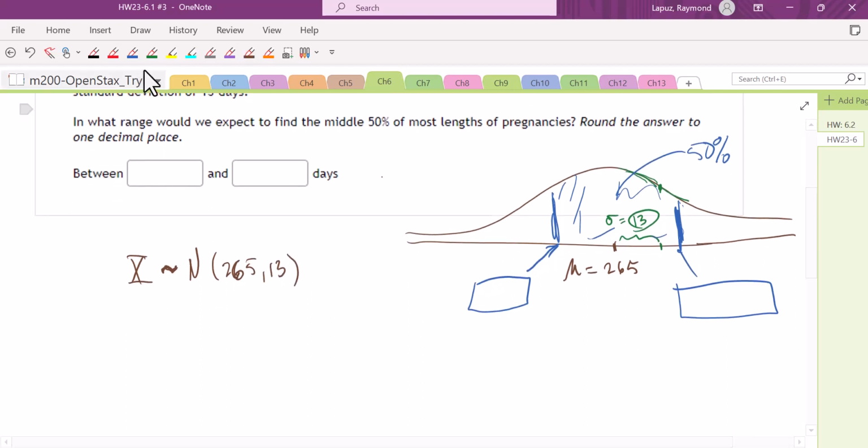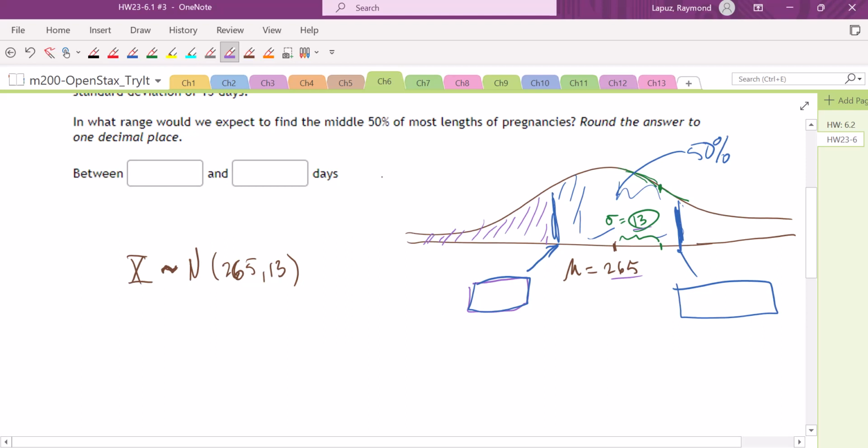Now to find this value, let's concentrate on the first one first. We want to use the parameters for our normal distribution, the mean and standard deviation. Since we're looking for the value, we use the area on the left side, so that is the inverse norm.